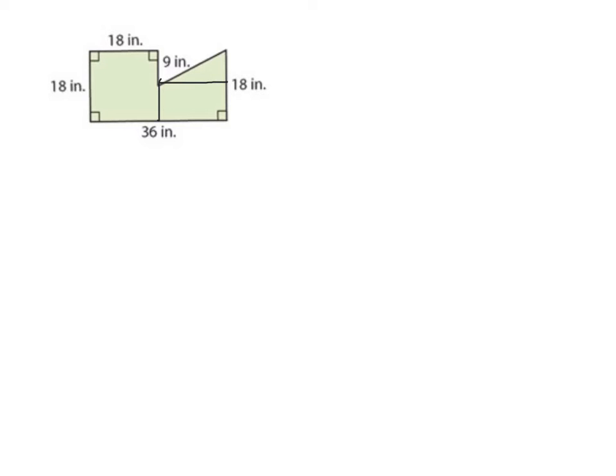All right, so I have the area of a square, which is a rectangle, so I can say area equals base times height. I have another rectangle, area equals base times height. And then I have a triangle, area equals 1/2 base times height.